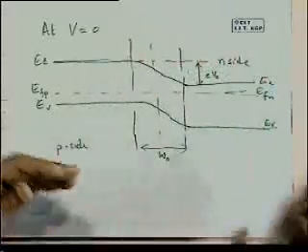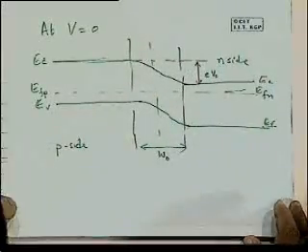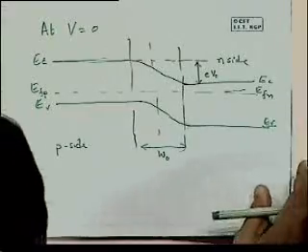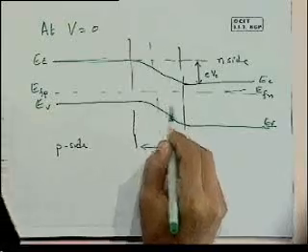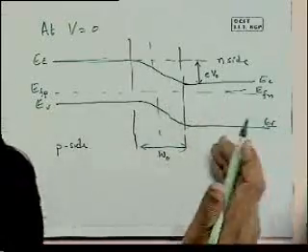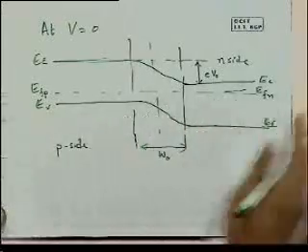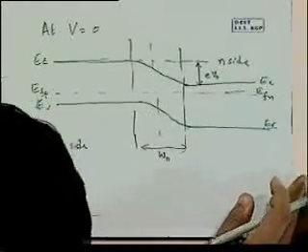No further flow of electrons or holes in either direction. This part is the space charge layer. This area has got what we call the neutral N side, or the bulk of it, and the neutral P side.